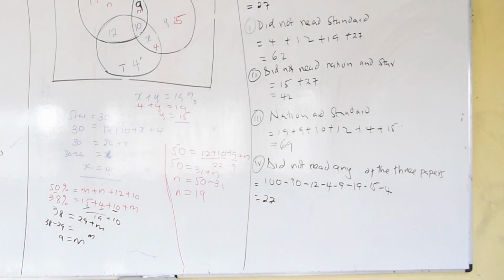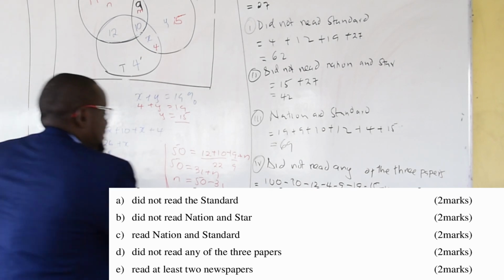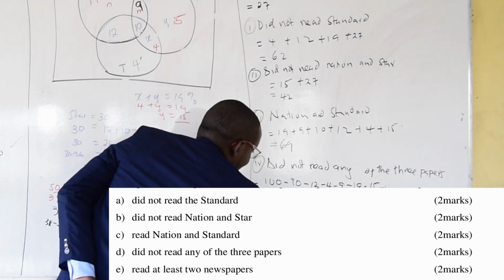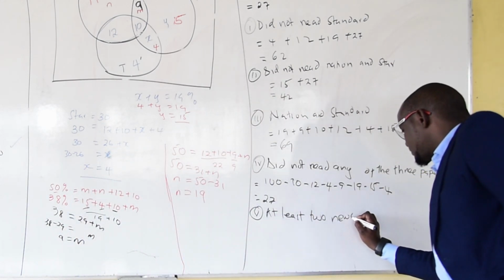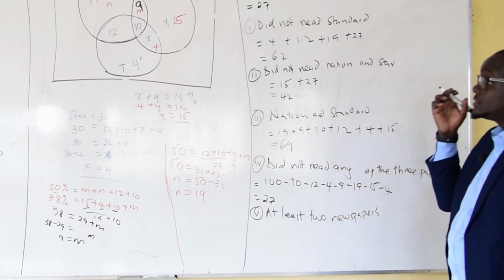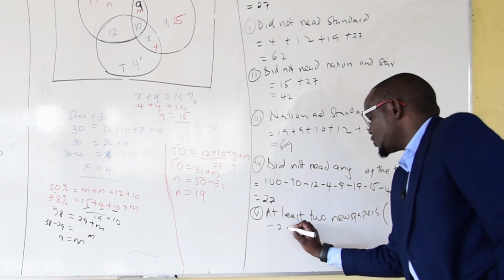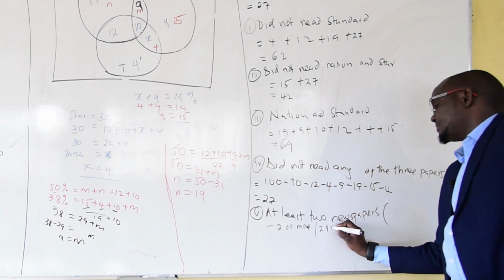Then we are also told those that read at least 2 newspapers. So the last one is at least 2. At least 2 means 2 or more, and in our case is 2 and 3.